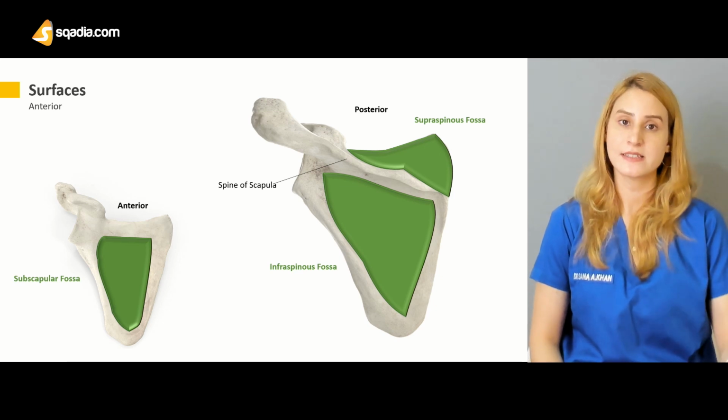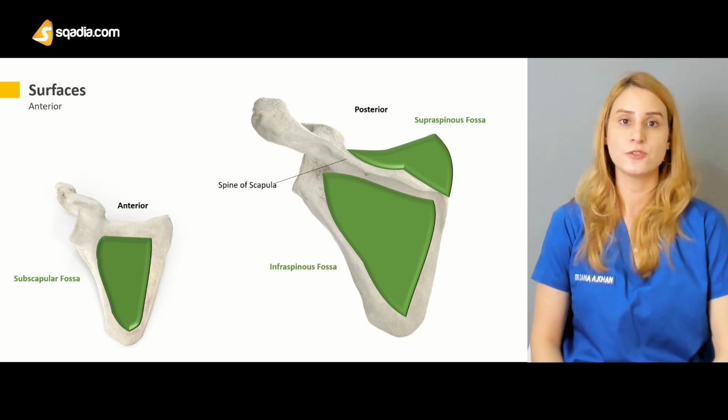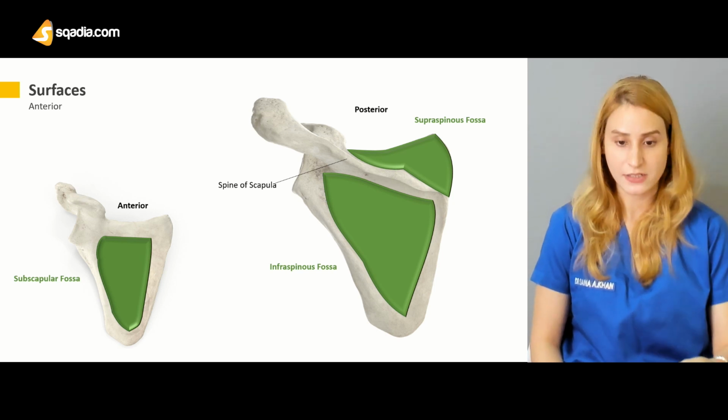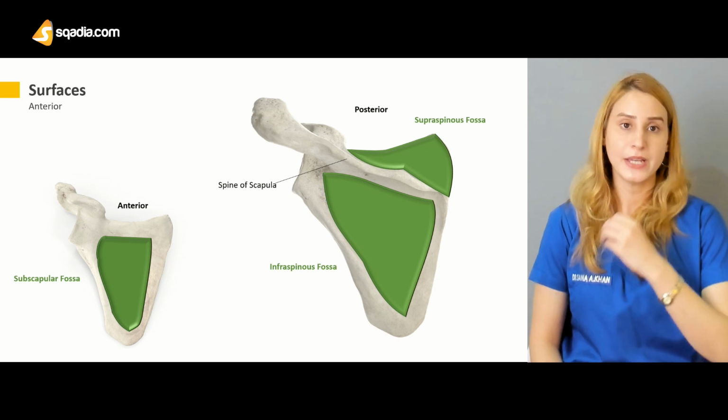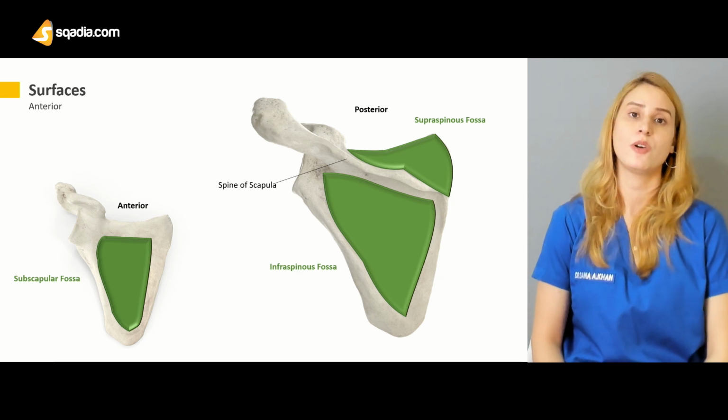The supraspinous fossa is for the attachment of the supraspinatus muscle, and the infraspinous fossa is for the attachment of the infraspinatus muscle.